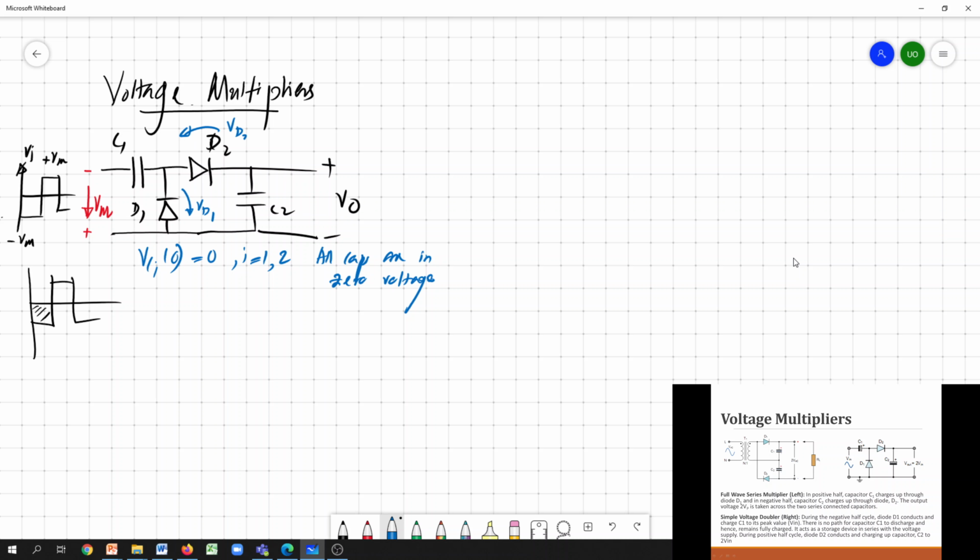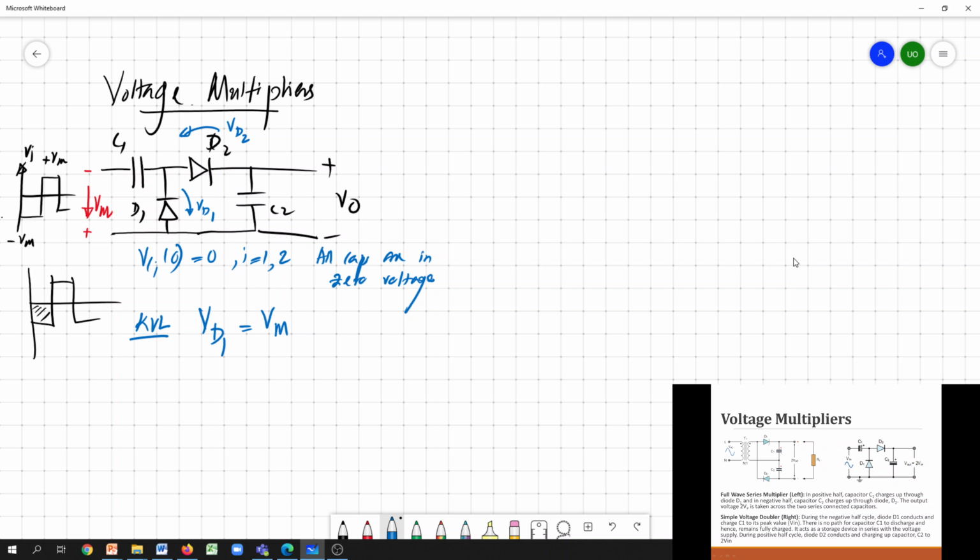I just mark the diagrams. Then we'll apply Kirchhoff's voltage law. I'm first referring to the first circuit having D1, so that I can get the actual voltage across this diode. We have 0 voltage across the capacitor, and by applying Kirchhoff's voltage law we can say that VD1 is actually Vm.